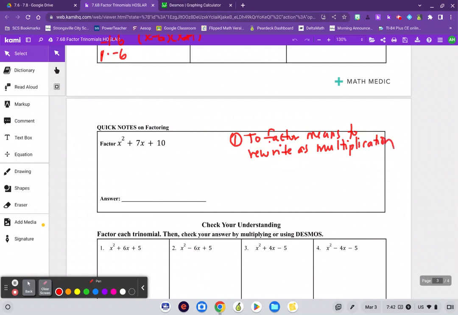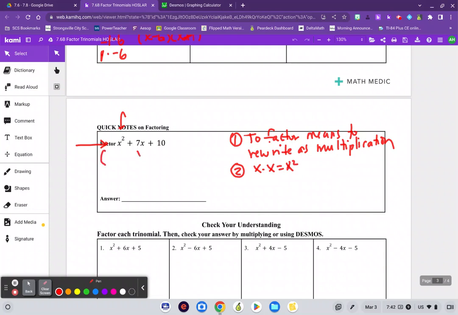And so that's our goal. And so if we are given something in this trinomial form here, in order to get this x squared term, we have to break x squared up into x times x, because x times x gives us x squared.